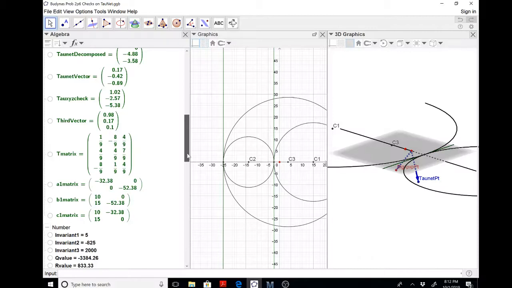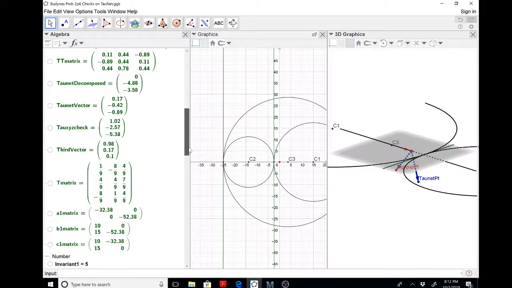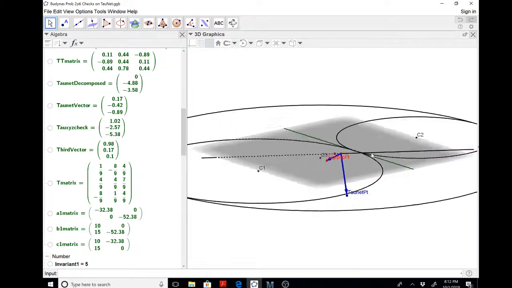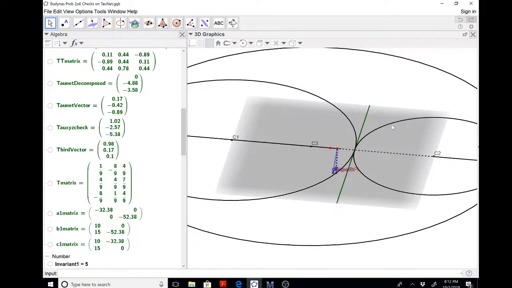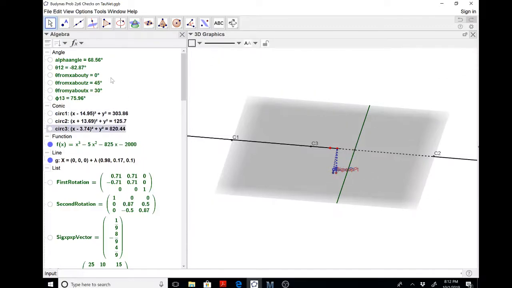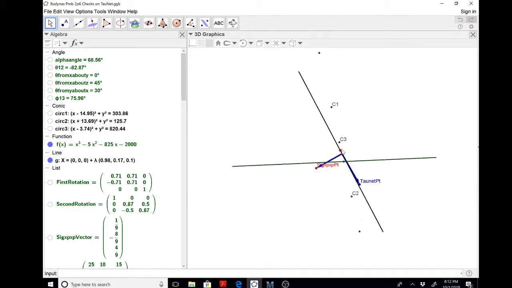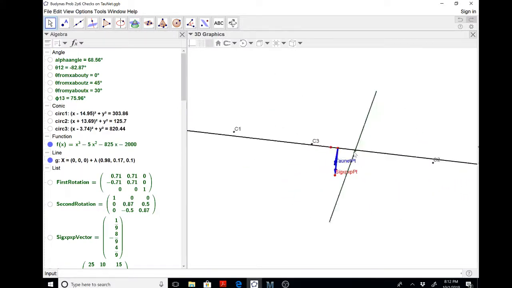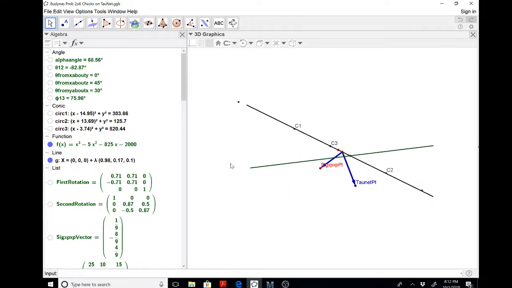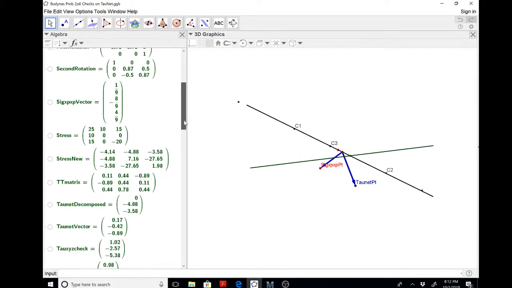I don't know if you'd ever really need it, but what if you wanted the third axis that's mutually perpendicular to these two? Turn off that plane. There's nothing on it right now, but let's just say for yucks we wanted to get it. It's not hard at all here.